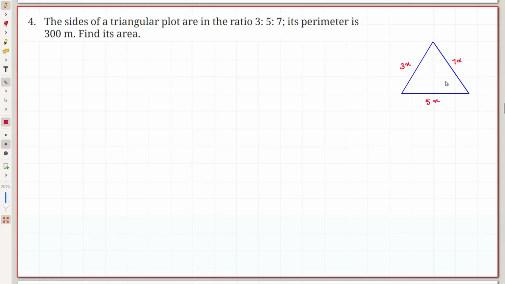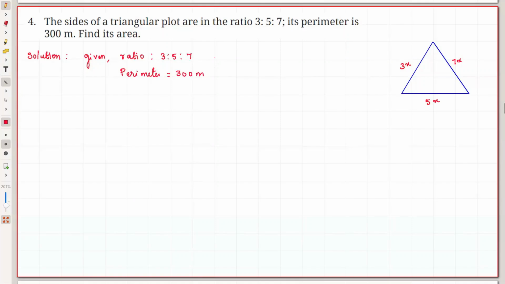A, B, C. The ratio of the sides 3 is to 5 is to 7 is given, and the perimeter is given. So perimeter is equal to 300 meter.